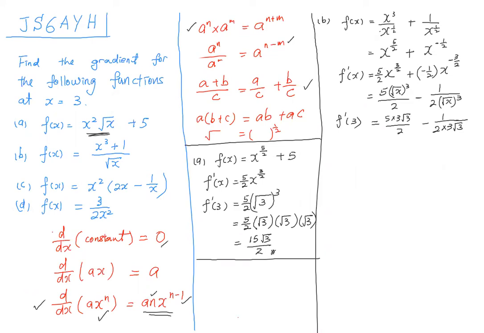Anyone have the issue on that? I told you already, root 3 cube means like that. Root 3 times root 3, you got 3. So this is 15 root 3 over 2. This one is root 3 over 2 times 9, 18.